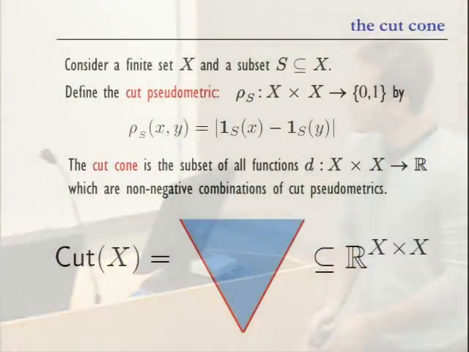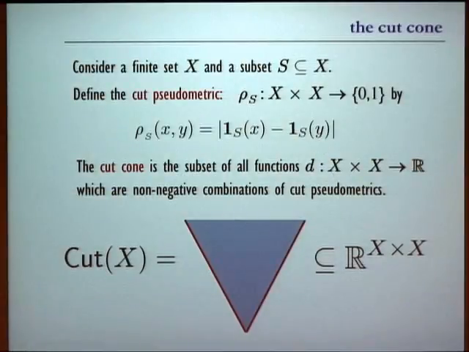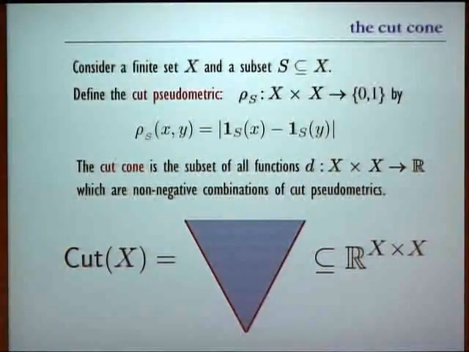Okay, good. And now the cut cone is just the cone generated by all of these pseudometrics on the finite set X. So the cut cone on X is the set of all non-negative combinations of these things. You can consider these things as lying in R^(X×X), and then the cut cone is the cone generated by all these objects.